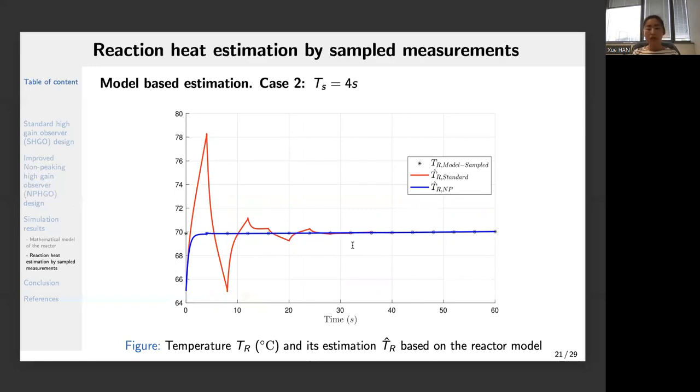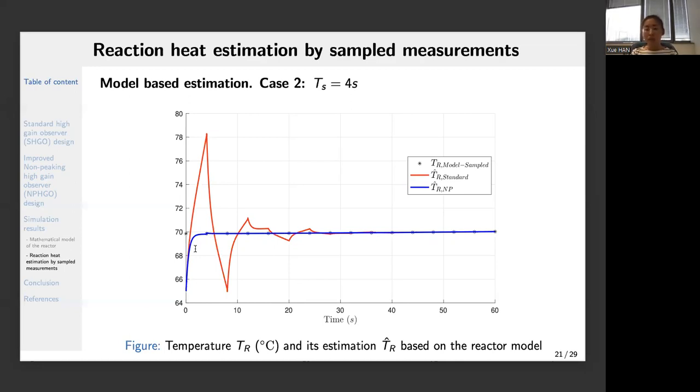we built here. And here is a small focus for the temperature, and both of the observers can converge to the real temperature TR. And it is easy to see that the blue line, the temperature estimated by the non-peaking observer, eliminates the peaking phenomenon. So the observer works very well.